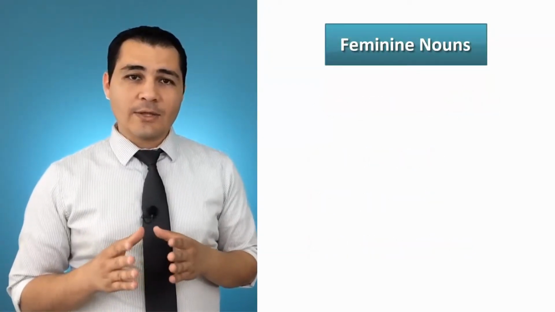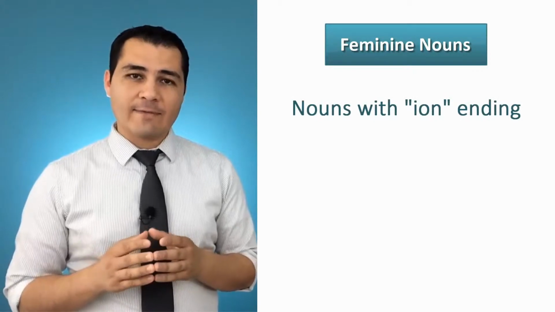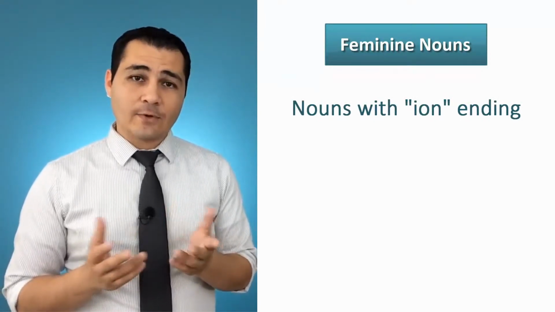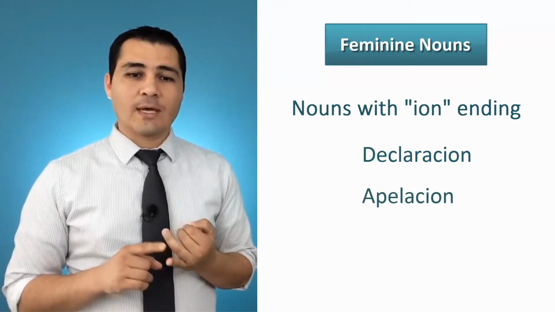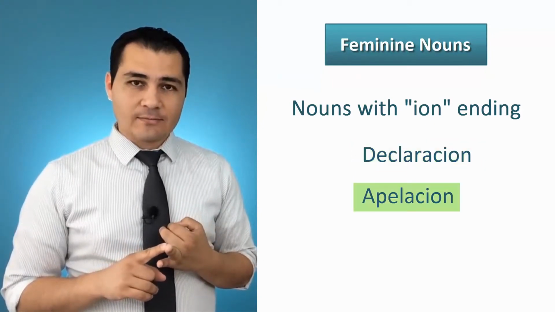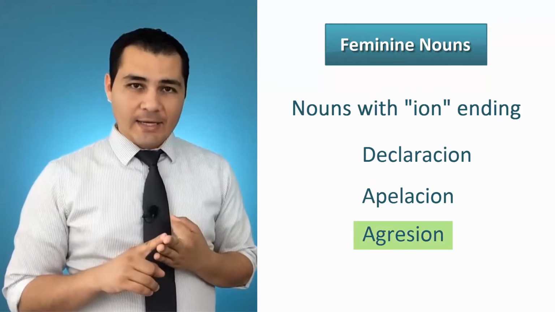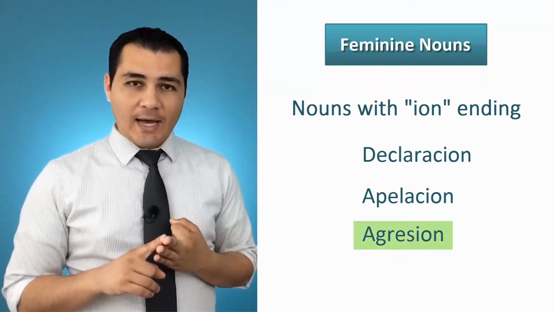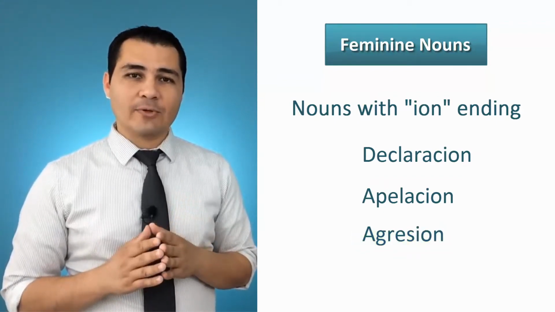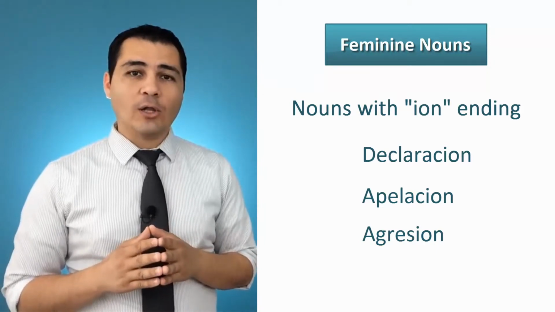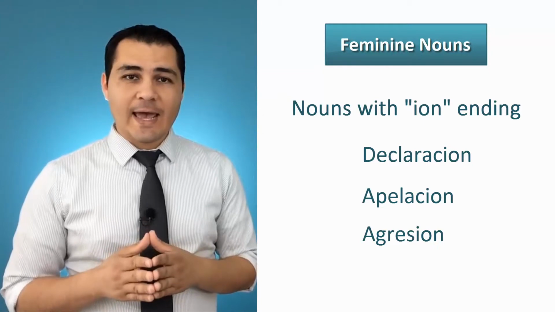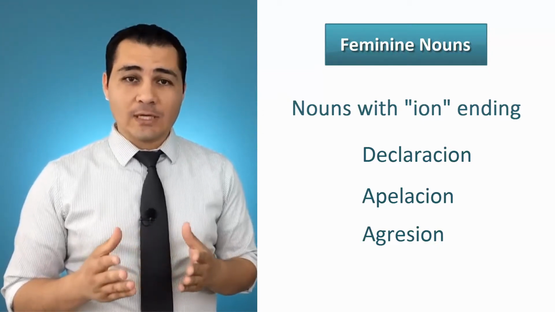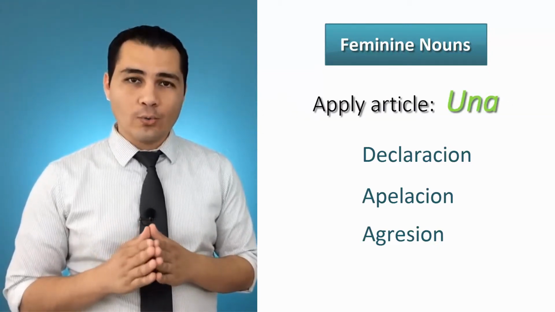Now, the other kind of feminine nouns are those that have the ION ending. For instance, declaración, apelación, and agresión. These three words all end in ION. Therefore, they are classified as feminine nouns, and we can use indefinite article una.